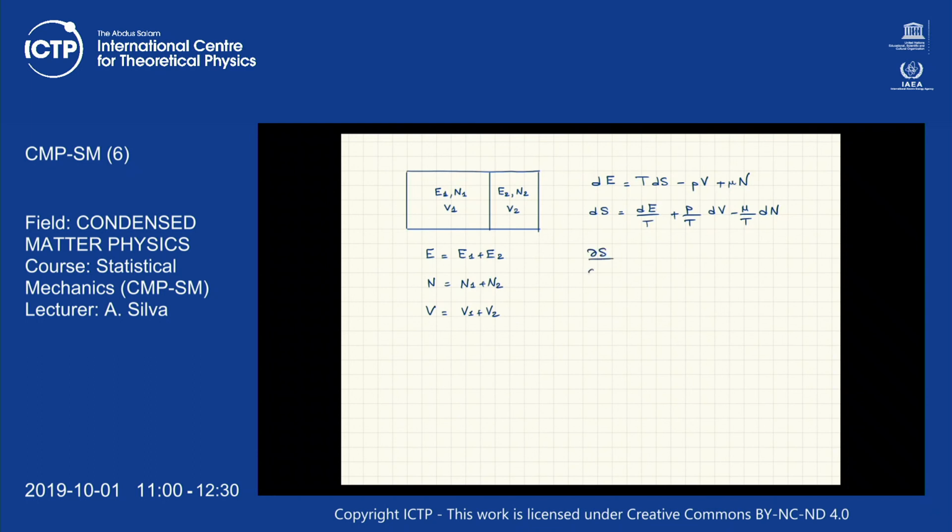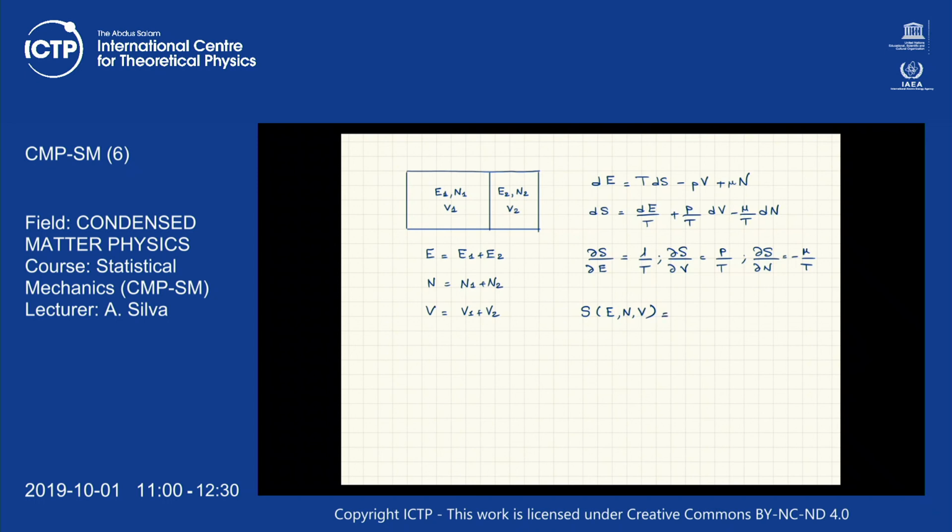So now dS/dE is equal to 1 over T. dS/dV is equal to P over T. And finally dS/dN is equal to minus mu over T. Now, if I consider S as a function of E, N, and V, so you see why I was telling you before that 1 over T is conjugated to, in that weird sense, okay?